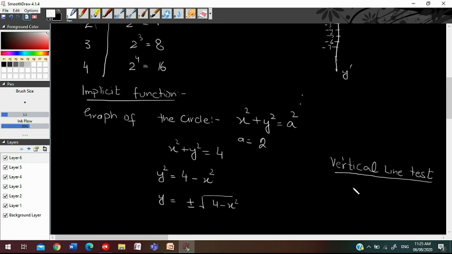Just in one look we can say whether the graph is a function or not, by doing this vertical line test.